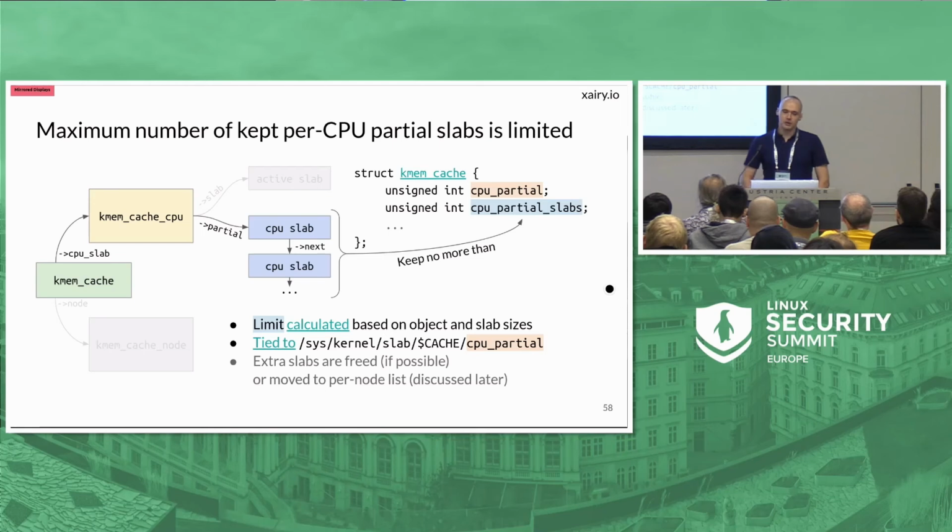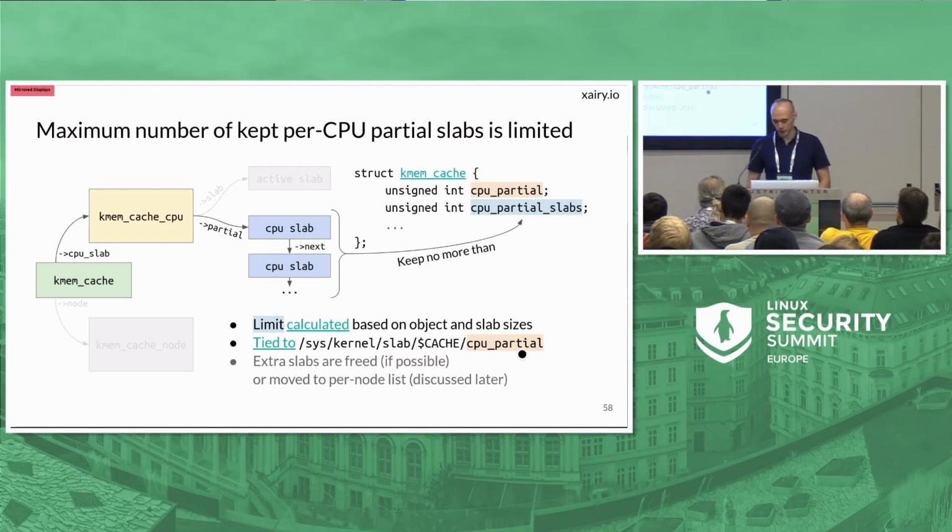There are some limits about how large these lists can be. So first, for the per CPU partial slabs, there is a maximum number that can be kept on the per CPU list. And this number is described by the cpu_partial_slabs field of the kmem_cache structure. And unfortunately, there is no way to find out this limit from user space. It's just not exposed to user space. Instead, the SLUB allocator exposes a slightly different number, cpu_partial, but this cpu_partial_slabs number is calculated based on cpu_partial.